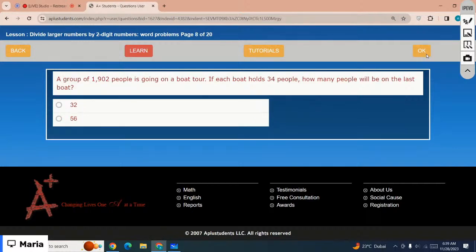A group of 1,902 people is going on a boat tour. If each boat holds 34 people, how many people will be on the last boat? Which is the correct option?